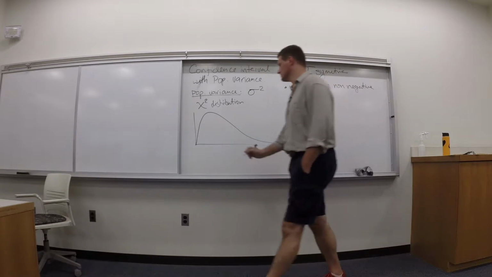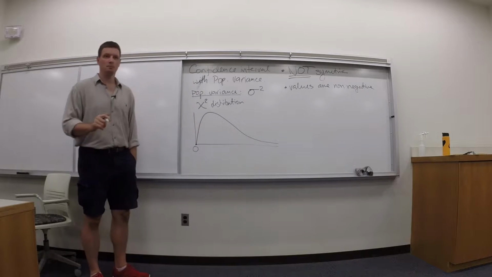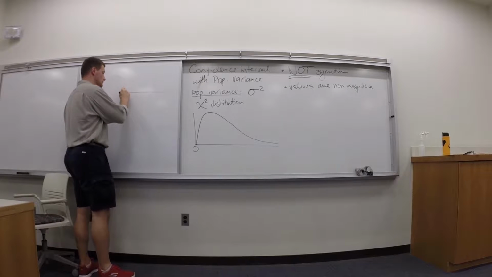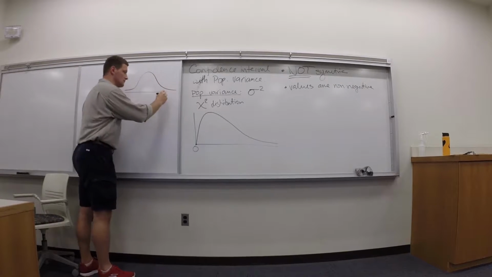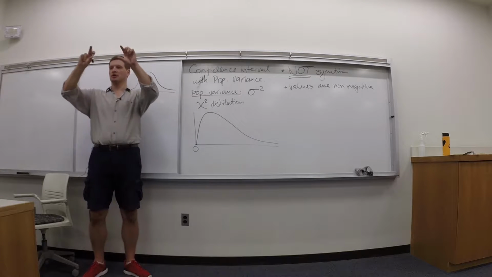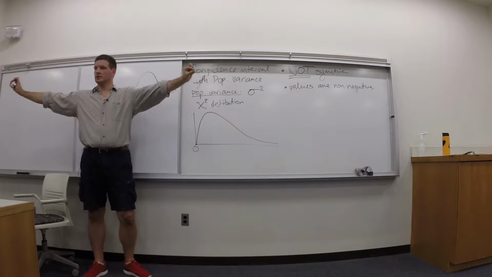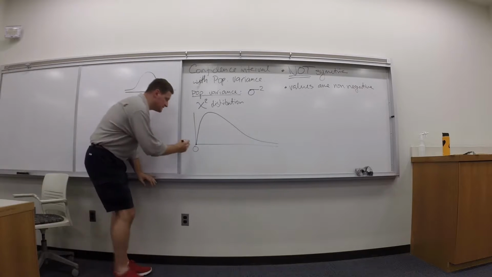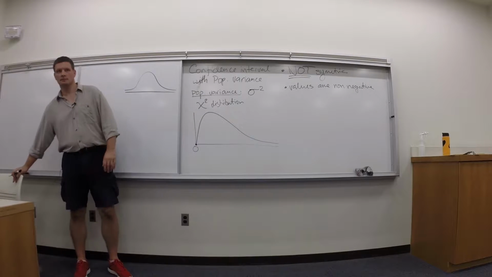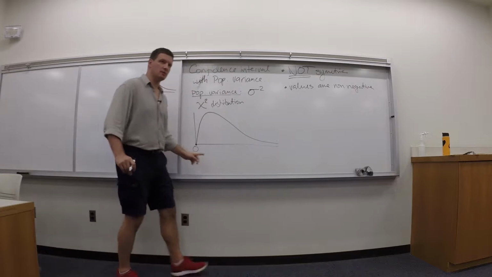It starts at 0 and it touches 0. When you draw the bell-shaped curve, those tails get closer and closer, going to infinity. They will never touch. With chi-square at 0, it actually touches. It starts at 0 and then keeps going forever.